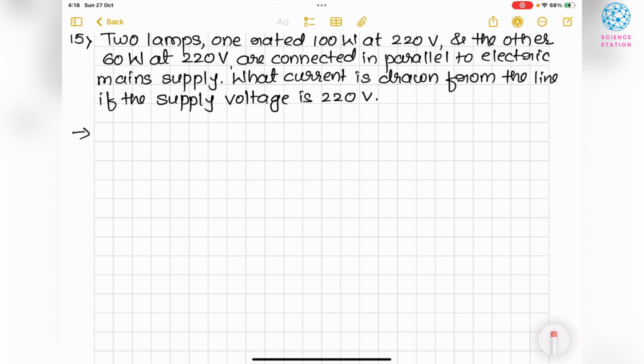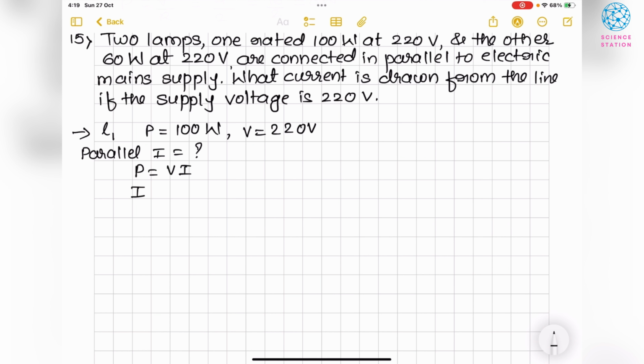So here L1, P equal to 100 watt and V equal to 220 volt. So I will be equal to question mark, so P equal to VI, so I equal to P by V, so that is 100 upon 220, so that is 0.45 ampere.